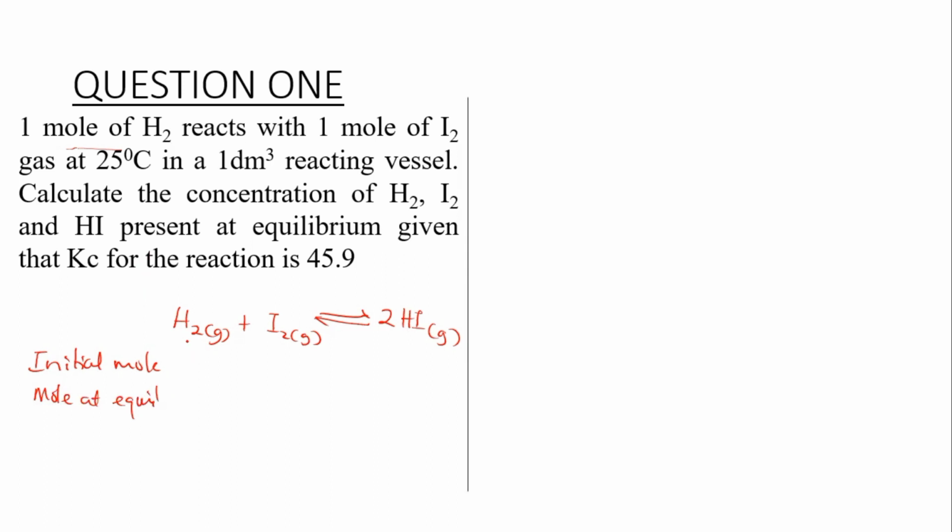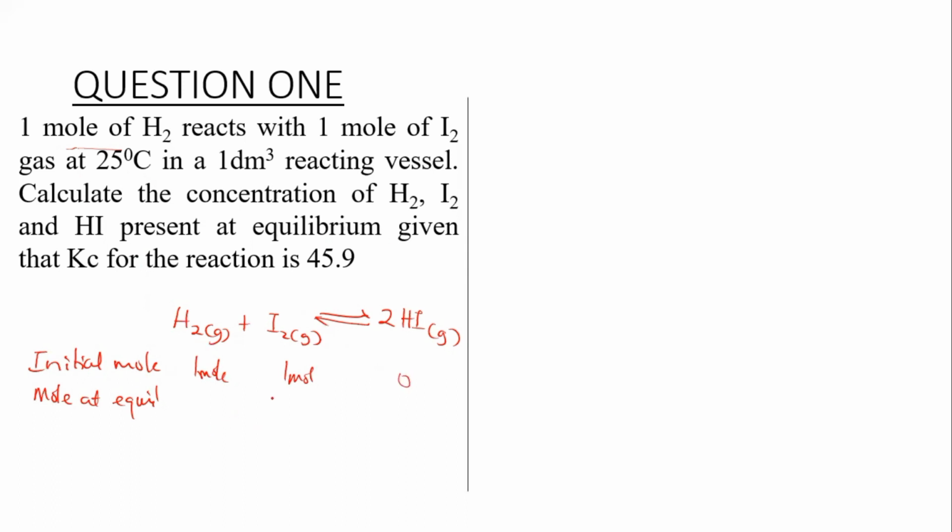Of course, the initial mole, the given amount of this one is 1 mole, and this one is also 1 mole. And we're not given any initial amount of the hydrogen iodide, so it is 0.